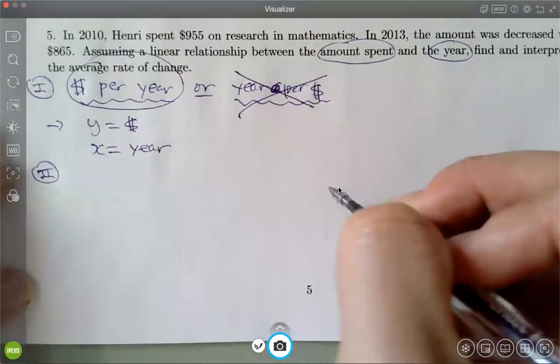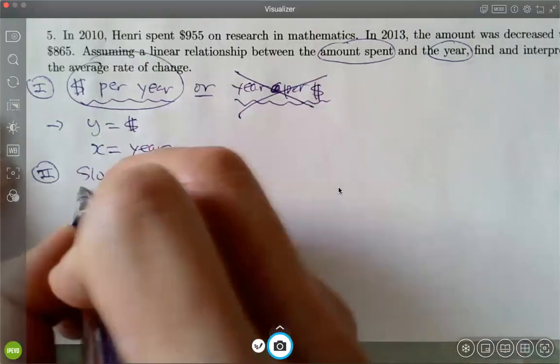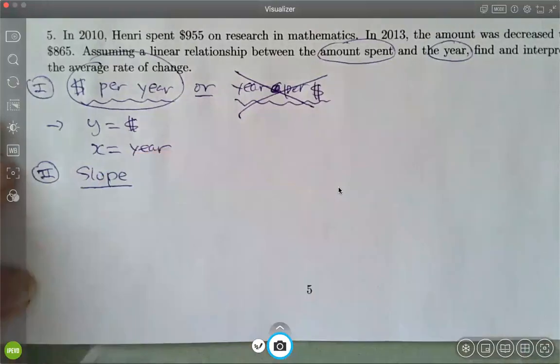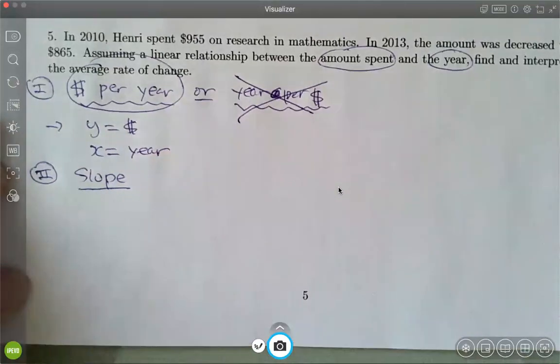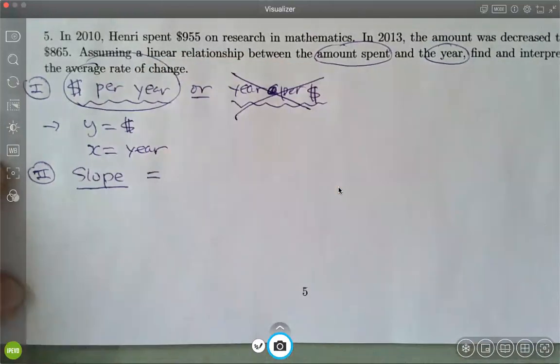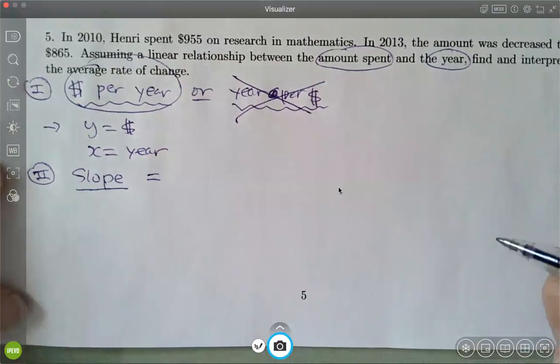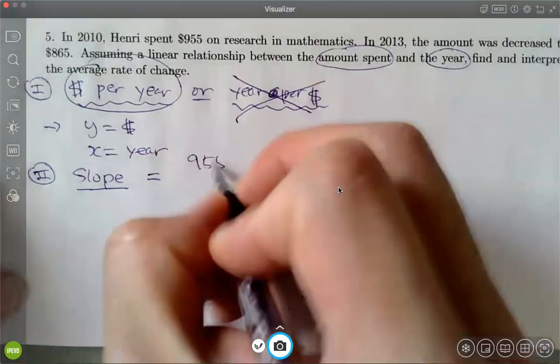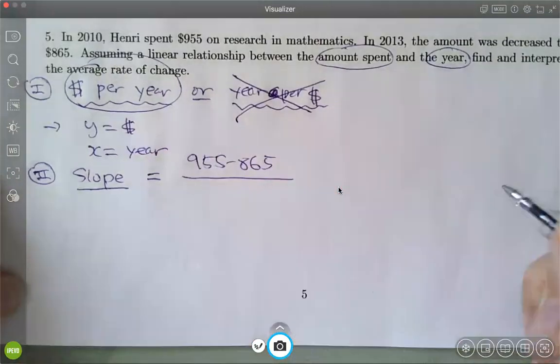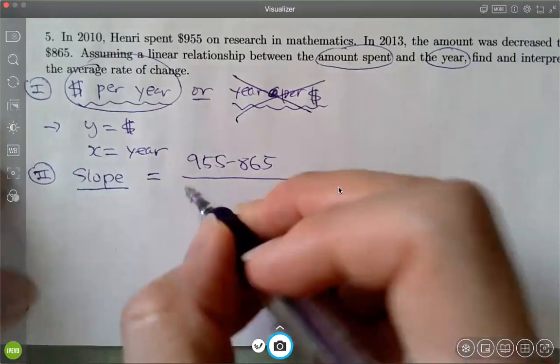Now let's find the slope. Even though we are not given a graph, can you still use the definition of the slope? Yes. What is the numerator of the slope? $955 minus $865. Then what should be the denominator? 2010 minus 2013.